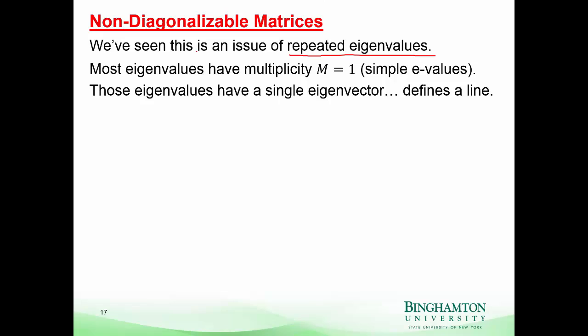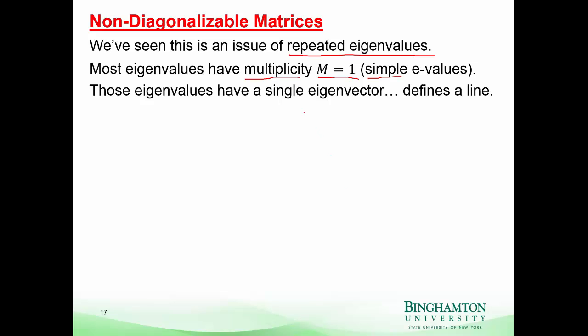But this leads us to the discussion of multiplicity of eigenvalues. Most eigenvalues are not repeated, and we would call those simple eigenvalues rather than repeated eigenvalues. And we would say the multiplicity is equal to 1.